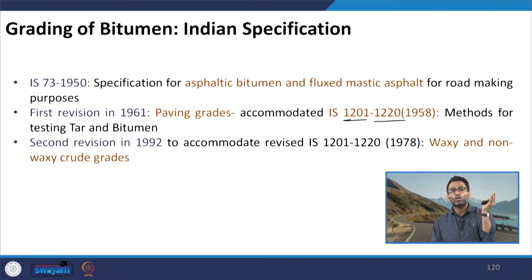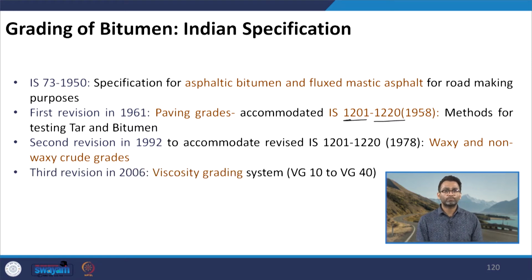So, that is why two different tables were produced, which I will be showing you in the next slide, to grade the bitumen under the waxy and non-waxy crude grades. And this specification up to 1992 was based on the penetration value. So, we adopted the penetration grade, which was similar to the penetration grade developed in US.